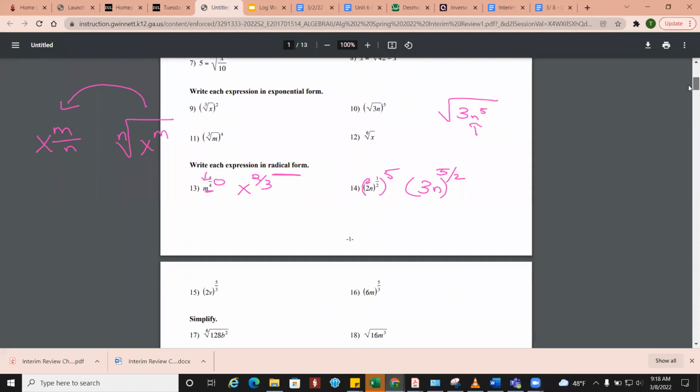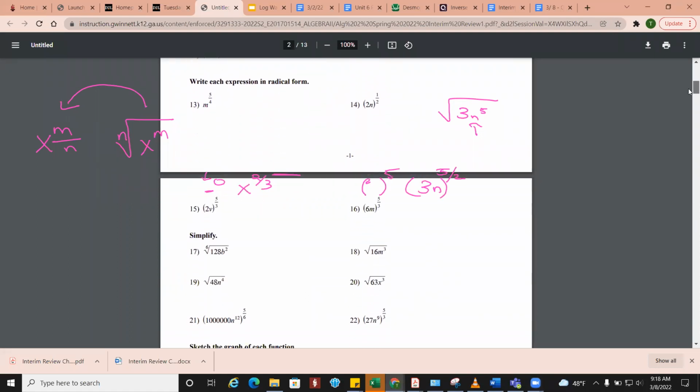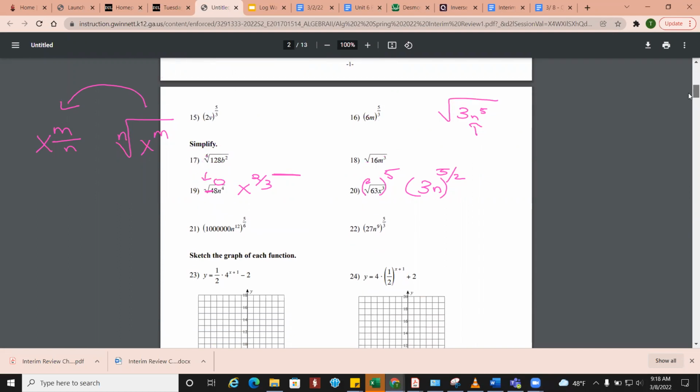Okay, so let's scroll down just a little bit. Let's do number 15. Sorry I'm jumping around. I'm just trying to hit the highlights. On number 15, you've got 2b raised to the 5/3. You're trying to go from this one to this one.